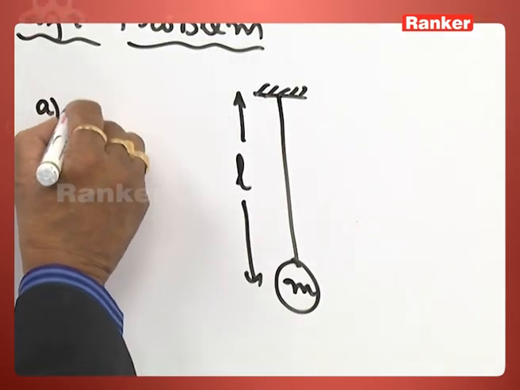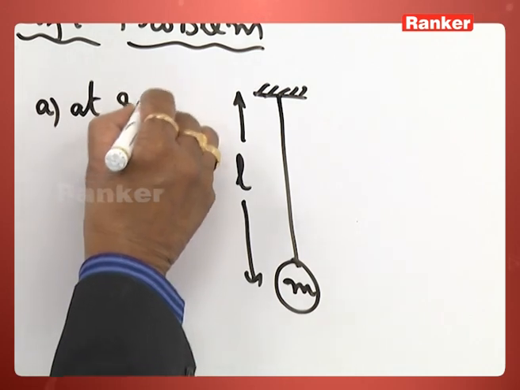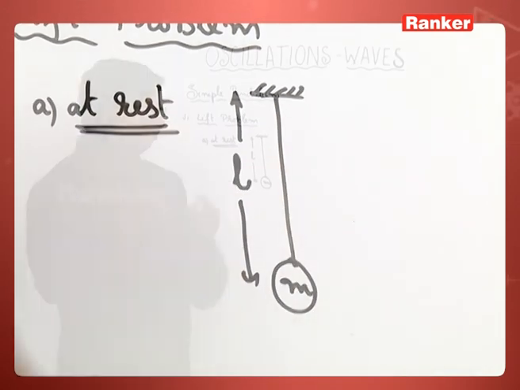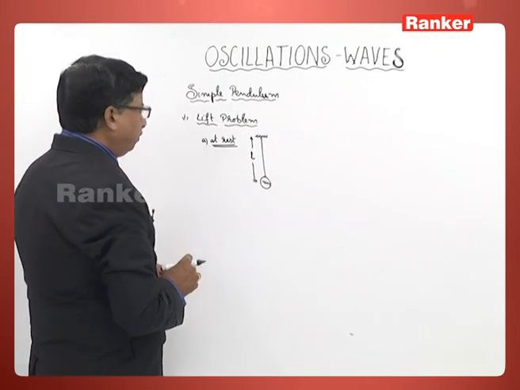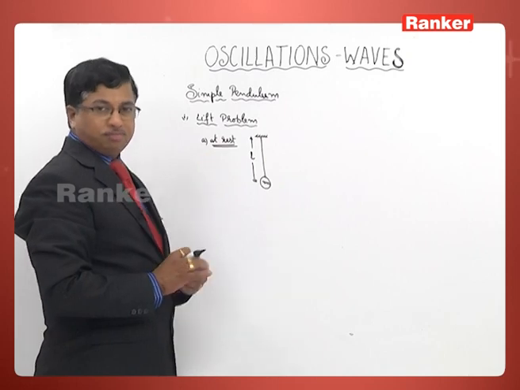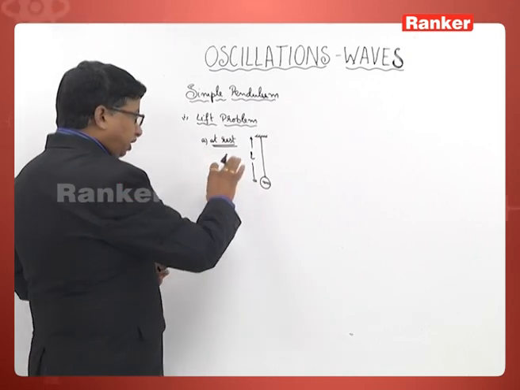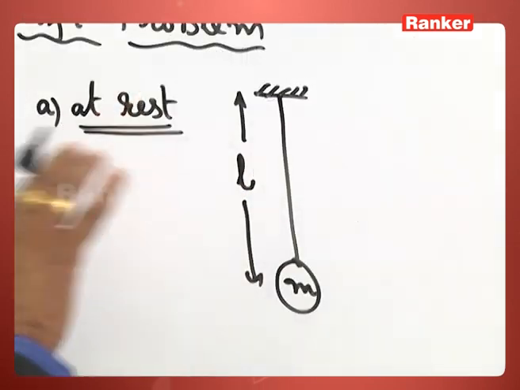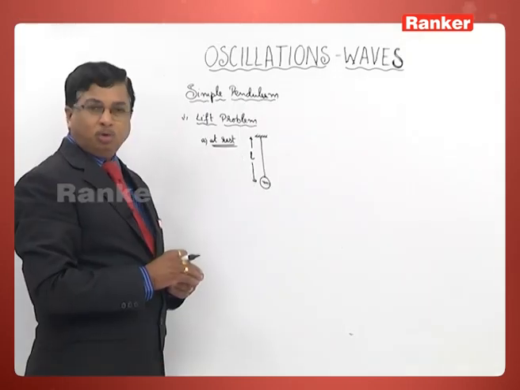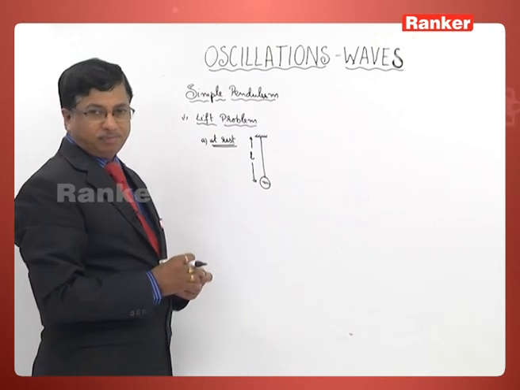First one, the lift is at rest and the pendulum is oscillating simple harmonically. Everyone can understand directly, when the lift is at rest, the time period of the pendulum, or even for that matter its frequency of oscillation, both will never vary.